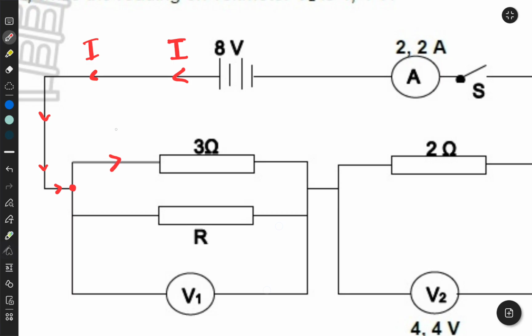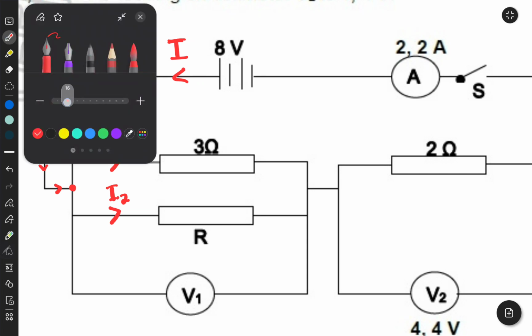The first branch, we can name it I1, which means the current that will flow through the first branch of the parallel combination, because these two resistors are connected in parallel, right? And then the second branch will get I2, the current that will pass through the second branch.